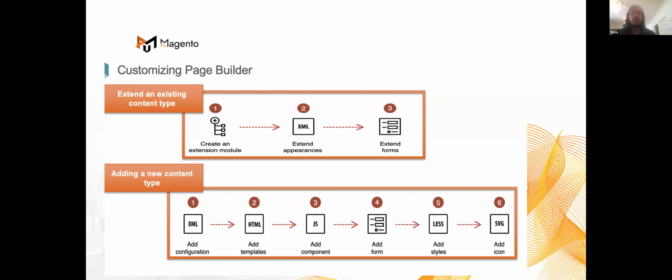But they might want to add specific properties or change the structure in a way that's specific to their setup. So you as developers can extend or modify an existing content type by customizing its appearance, or you can even add a new appearance. And as I mentioned, the appearances are configured in XML.